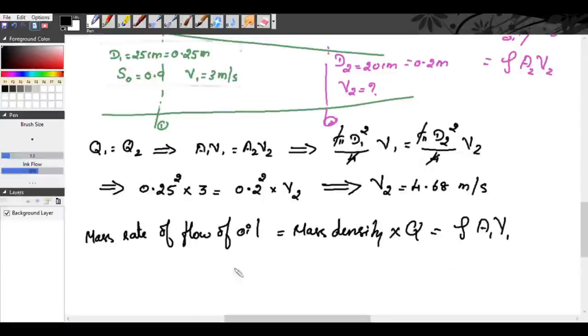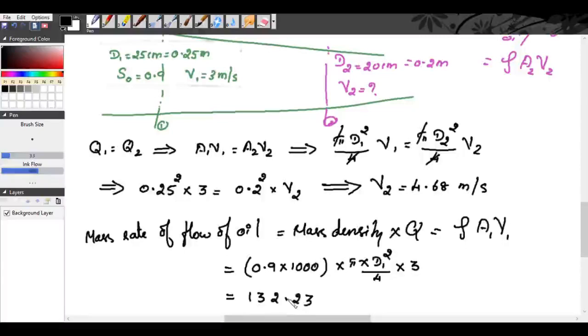That means our density of the oil is 0.9 into 1000 into A1. A1 is pi into D1 square by 4 into V1, that is 3. So what we get is the mass rate of flow of oil will be equal to 132.23. See, remember the unit.